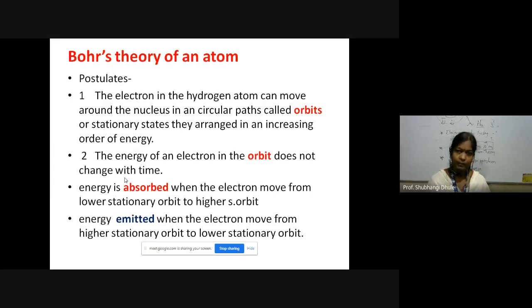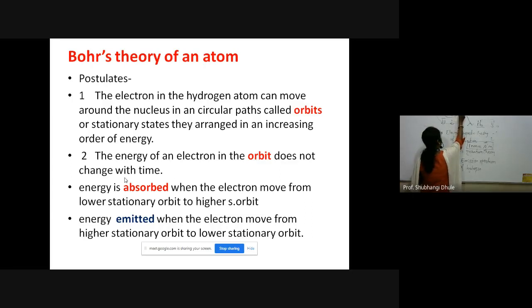Energy is absorbed when the electron moves from a lower stationary orbit to a higher stationary orbit. So this is the electron, this is the lower stationary orbit, and this is the higher stationary orbit. When it absorbs energy, it goes to the higher stationary orbit.